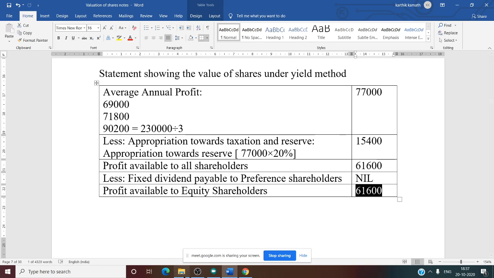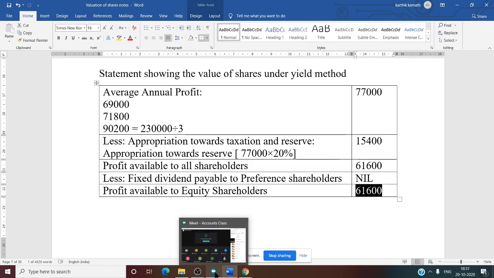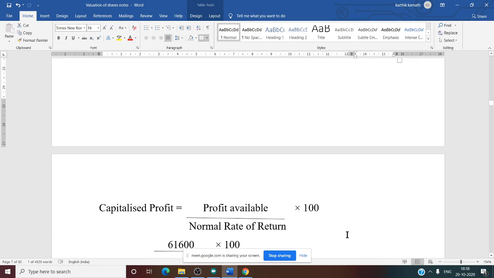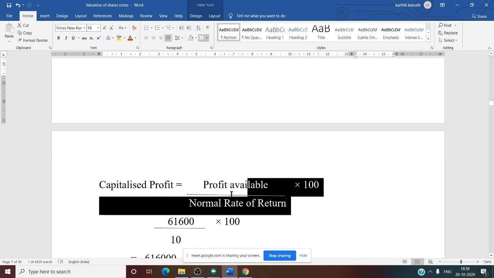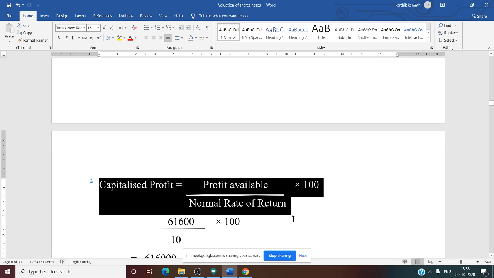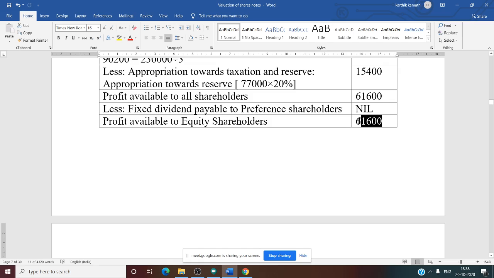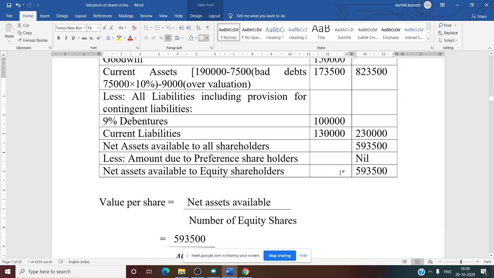Now what is the formula for capitalized profit? Capitalized profit is equal to profit available to equity shareholders divided by normal rate of return into 100. Profit available we just got, that is 61,600, divided by the normal rate of return.